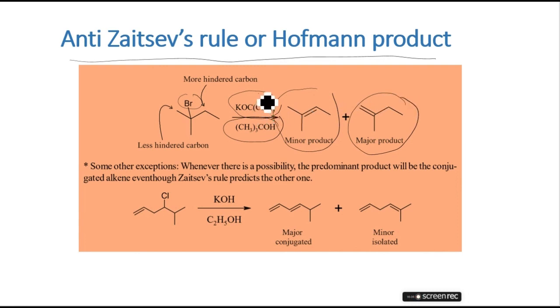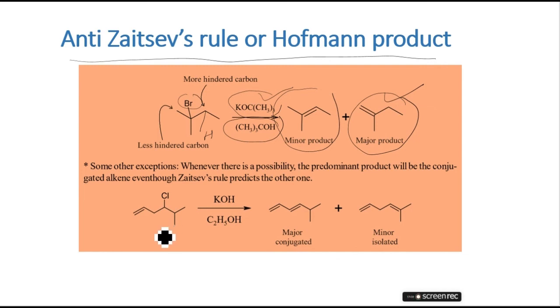The difference here is that the base is potassium tert-butoxide, a sterically hindered base, so it will be difficult for the hindered base to remove this proton. So when the base is more hindered, the major product will be the less substituted alkene.